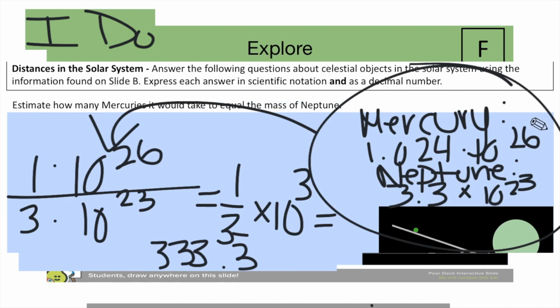Just so you know, this is how Open Up Resources did its approximation for the Explore, but you could also have students use their calculators and approximate from those values.